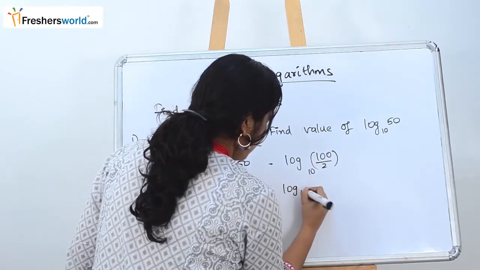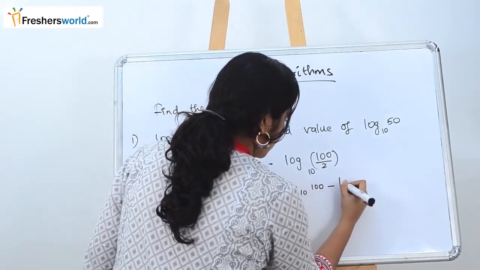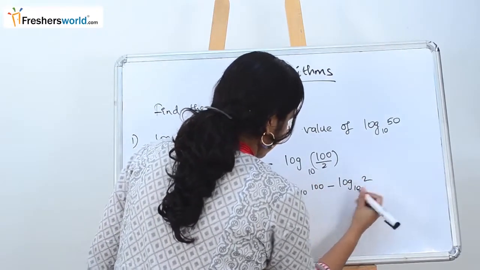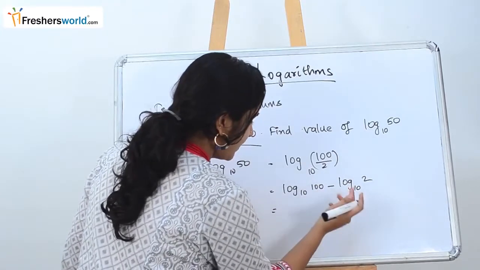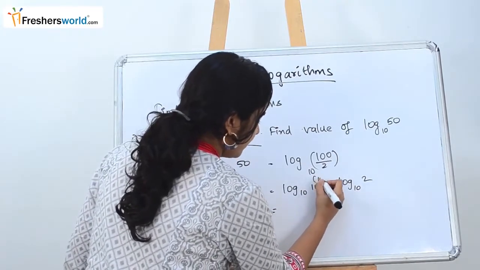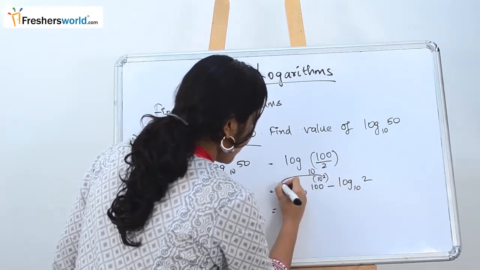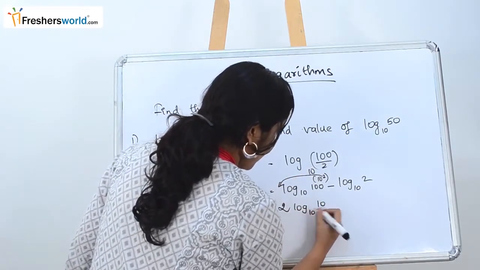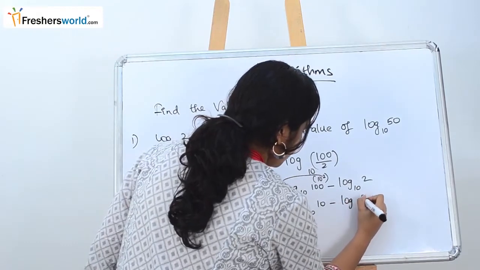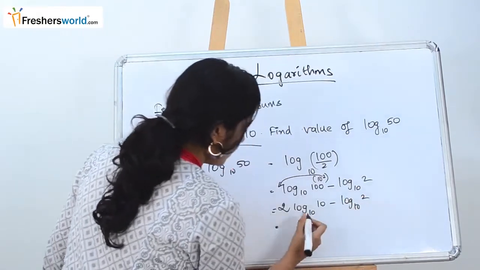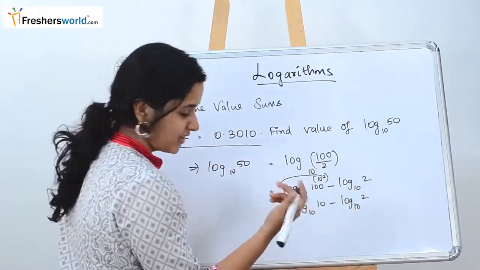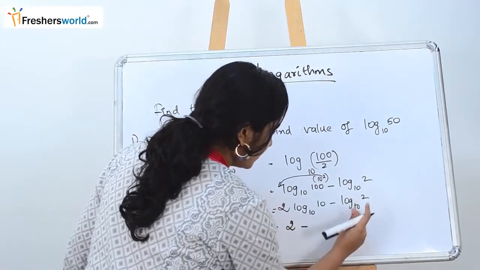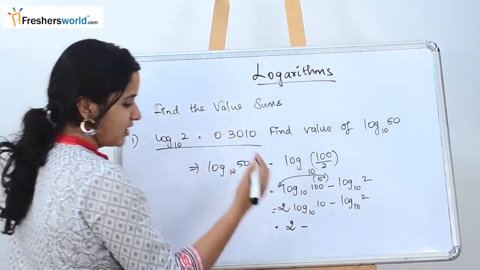So log 100 to the base 10 minus log 2 to the base 10. So this can be rewritten as 10 square, so this 2 can be taken in the front. So it becomes 2 log 10 to the base 10 minus log 2 to the base 10. So log 10 to the base 10 is nothing but 1. So 2 minus log 2 value, which is 0.3010.